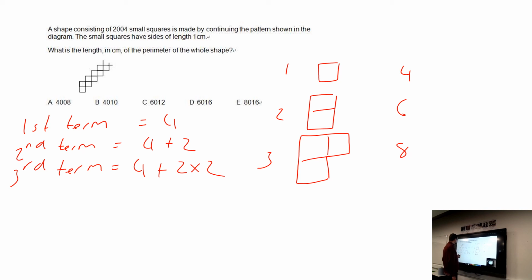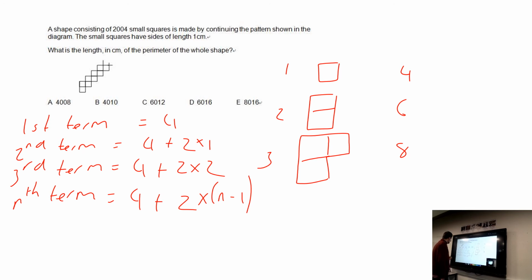So what do we have? For the nth term, we've got 4 and we've got 2, so there's a relationship. In the second term, we're adding 2 just once. In the third term, we're adding 2 just twice. In the nth term, we're adding 2 n minus 1 times. So we want to work out the perimeter for 2004 squares.